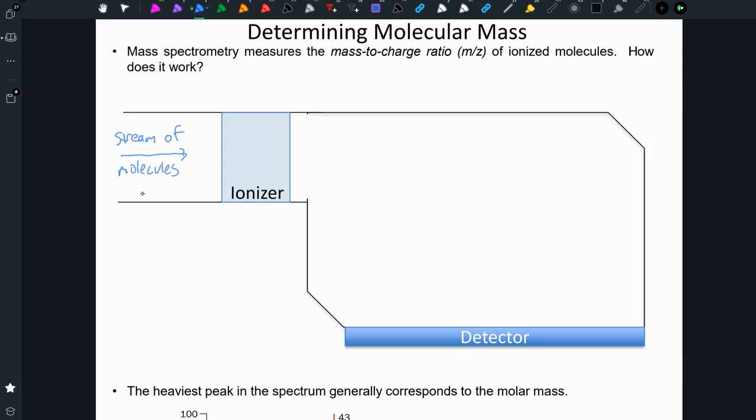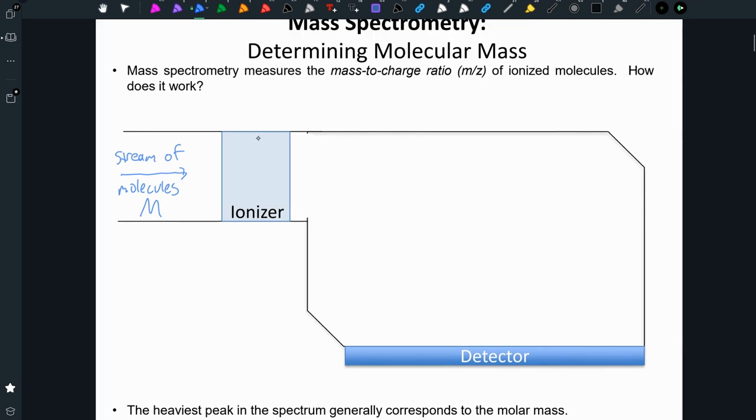I'm going to call my molecules M. So M is my molecule. When I send my stream of molecules into the spectrometer, it first will pass through an ionizer. What an ionizer does is it turns my molecule into ions.